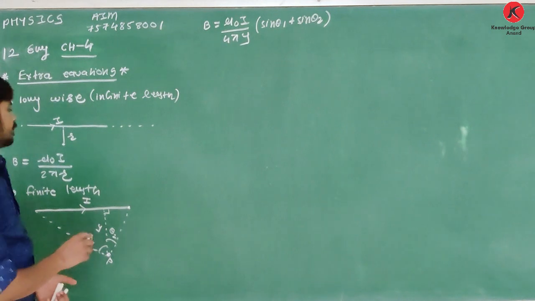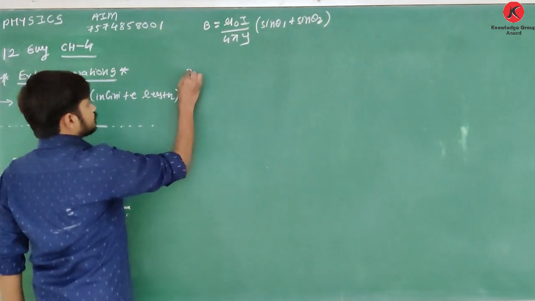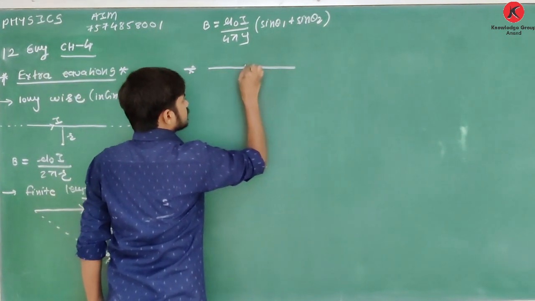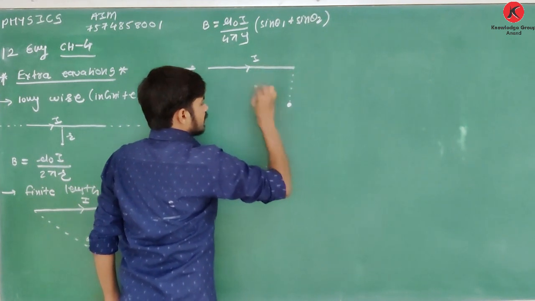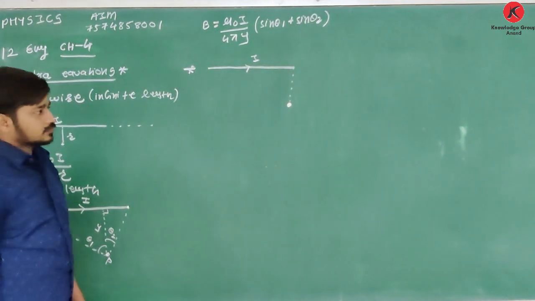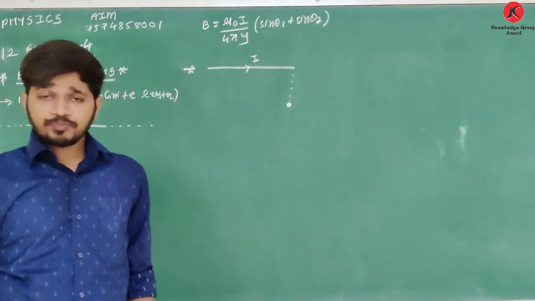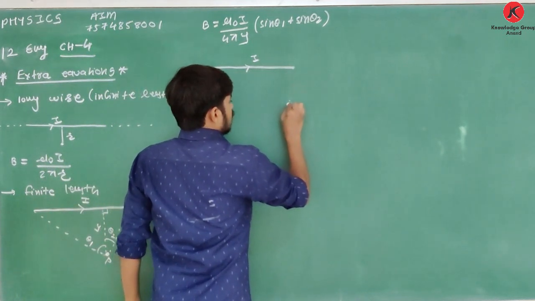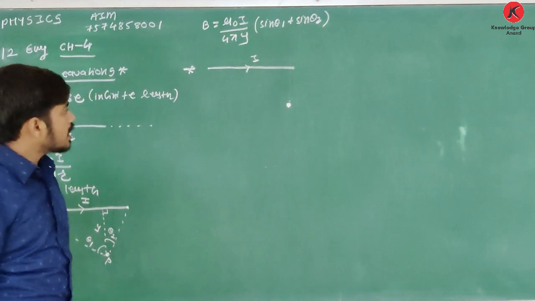Okay. Now, in this equation, we will take some cases. For example, if you are given a finite wire like this, current flowing is I, and we want to find the magnetic field at a point on its end. Then how do we find it?